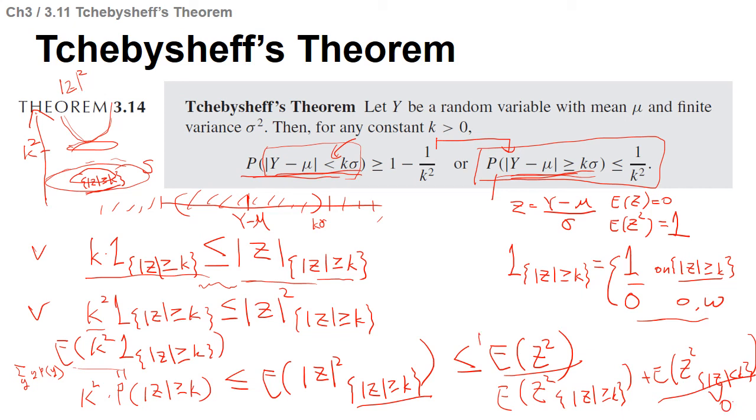And the expected value of z squared, this is 1. So this is the proof of this second part.